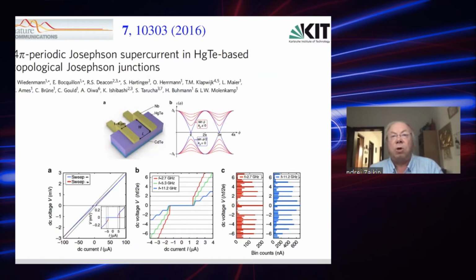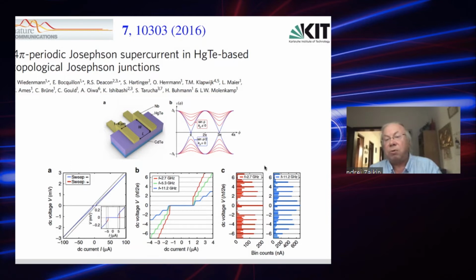And in fact, people proceeded with such systems and made such experiments, and they do see such fractional Shapiro steps, and they see that at small frequencies, for instance in this plot here, the Shapiro step at the main Josephson frequency, 2e times V, actually disappears, and it reappears only at a higher frequency of external radiation.